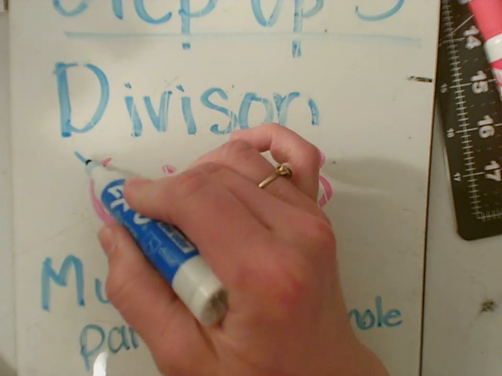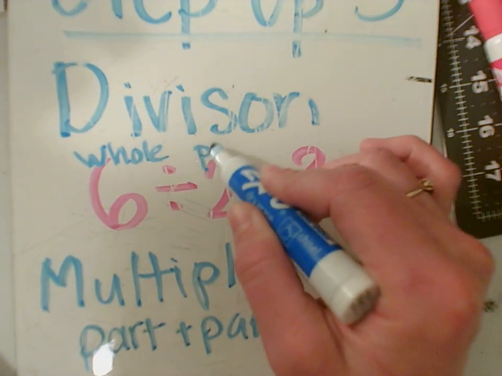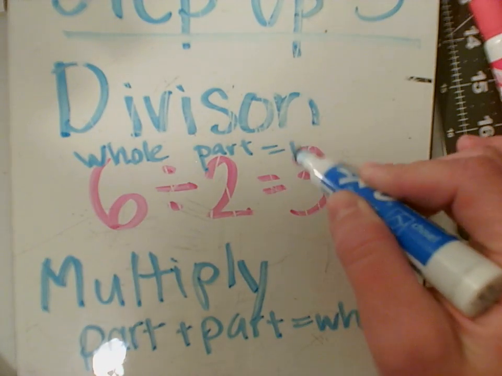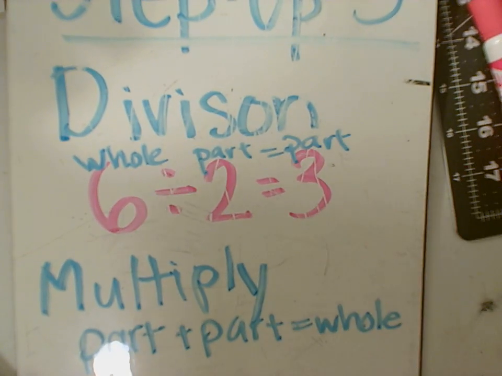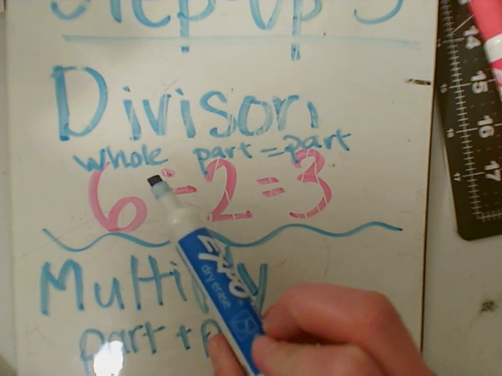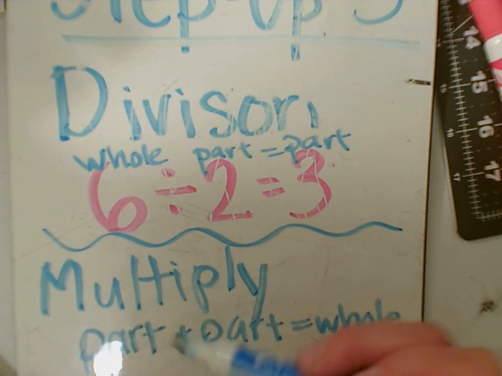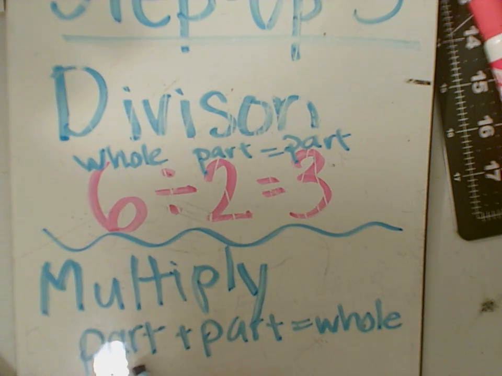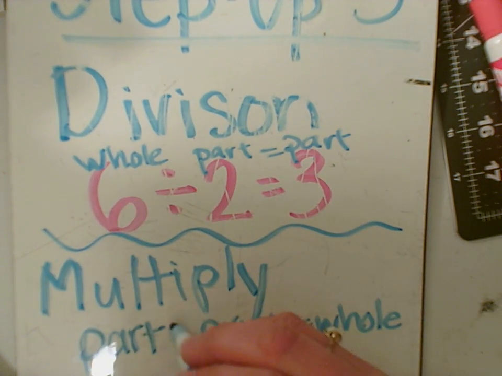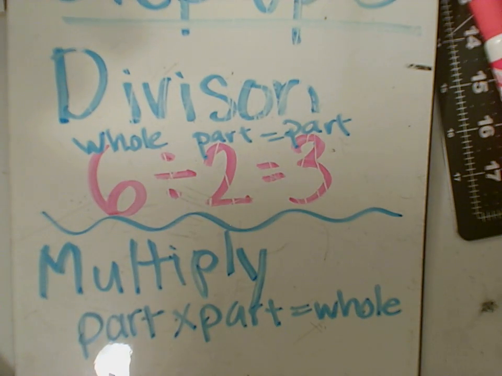It's our whole divided by a part equals a part. Okay, so there is a difference here. Division is whole divided by part equals part. And to multiply, it's a part times a part equals a whole.